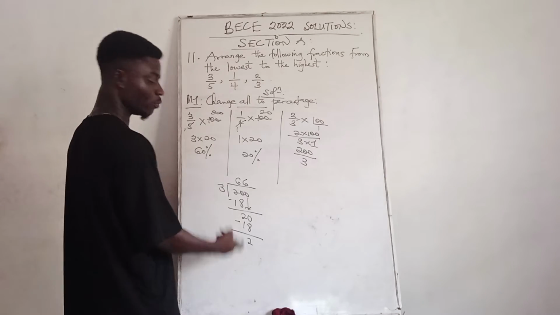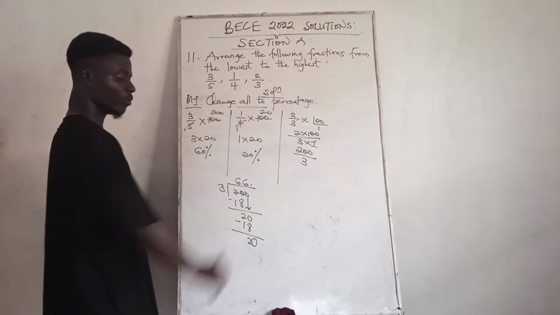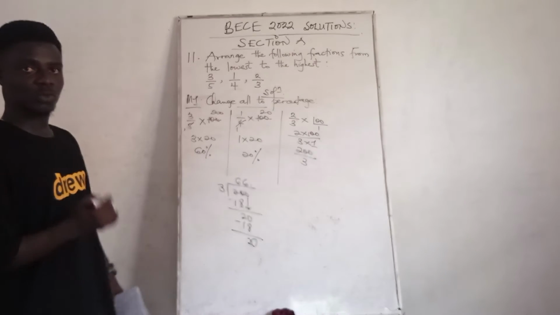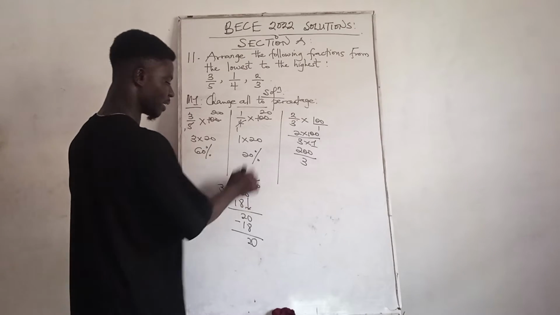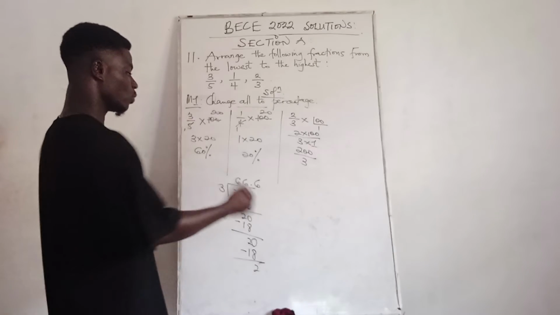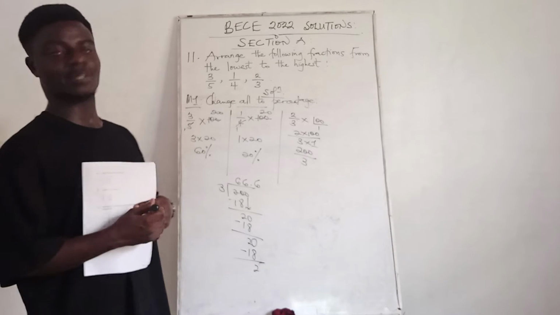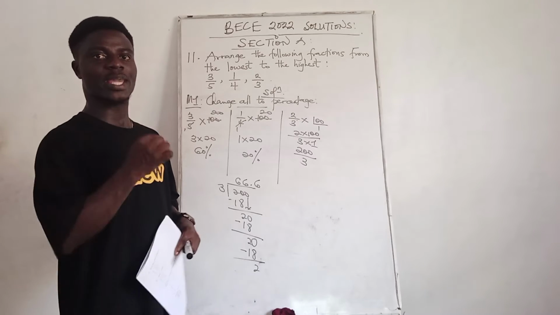We are done with the values, we've consumed all of them. So we add a 0, then we bring in our decimal point. 3 goes into 20 how many times? 6 times. 6 times 3 is 18. Then we subtract, we get 2. So we can see that we get 66.66666, and it continues, which is a recurring decimal.